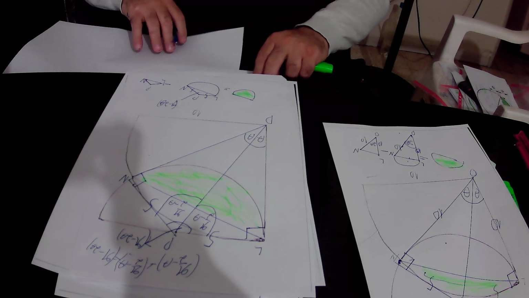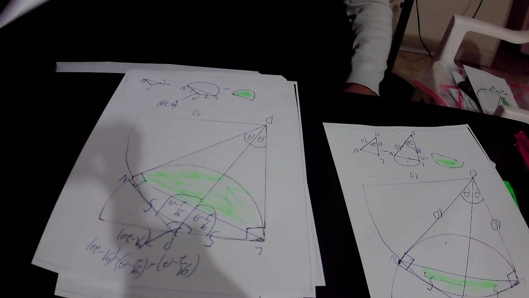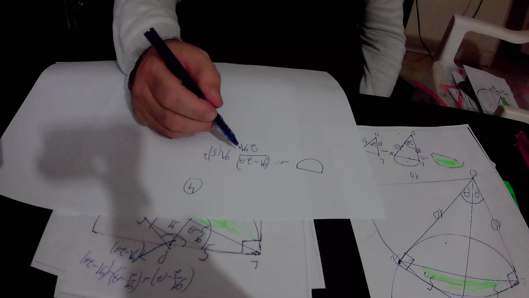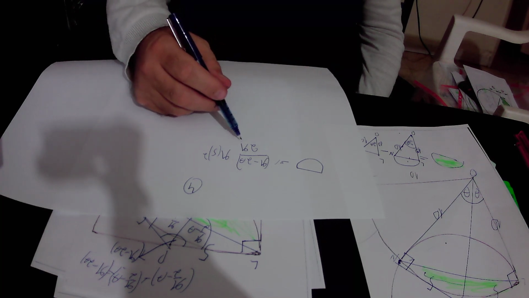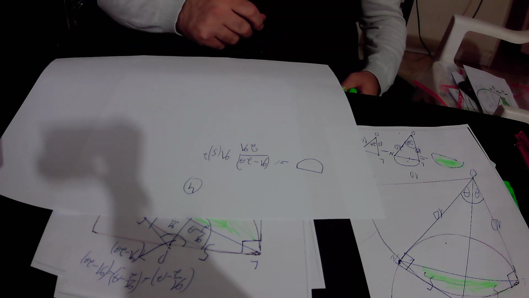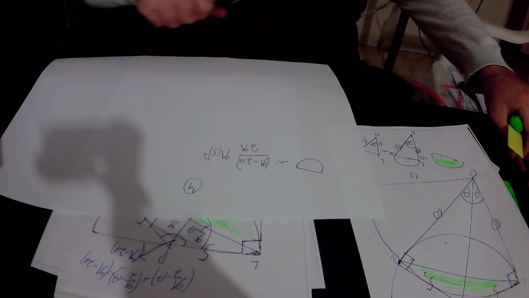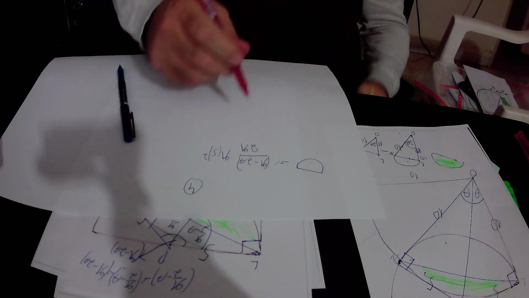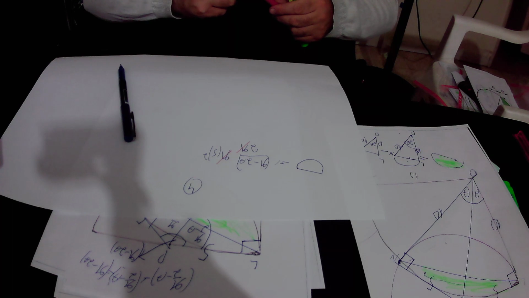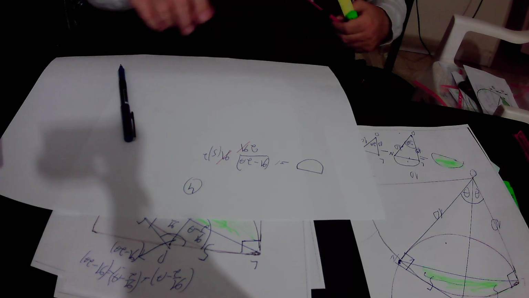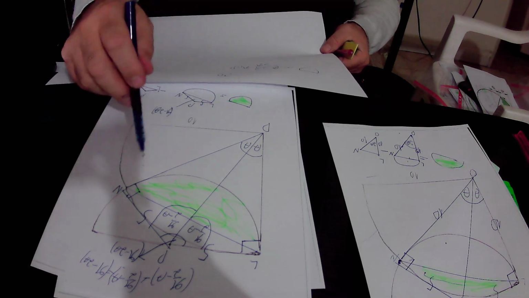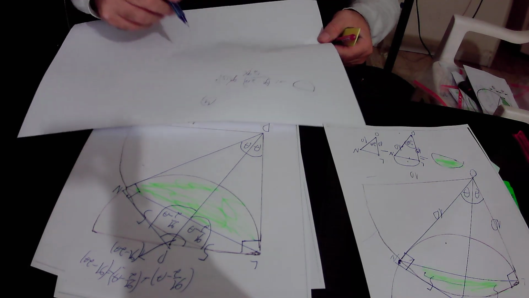In conclusion, the area of sector LPN equals (pi minus 2 theta) over 2 pi times pi times 5 squared. Here we have pi in the numerator and pi in the denominator, so pi will get cancelled. And we have to subtract from the area of the sector LPN the area of triangle LPN.